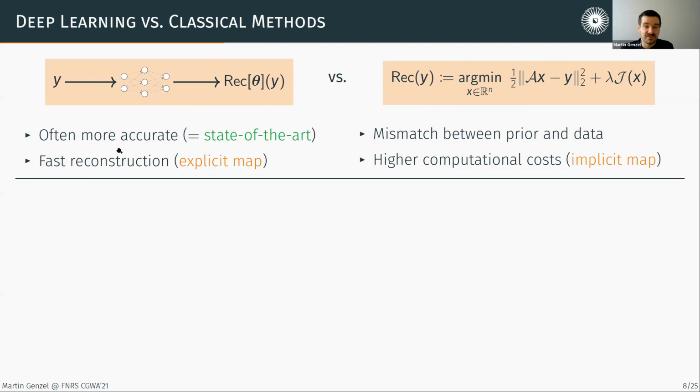And something that is very nice, they're often explicit maps, so they give you very fast reconstruction, which stands in contrast to variational approaches where you have to solve an optimization problem, which typically also, at least in some sense, suffers from this handcrafted regularization term, because there might be a mismatch between the actual types of signals that you're interested in and the prior that you have chosen. Maybe you can think of sparsity as a very good prior for natural images, at least with respect to a certain domain, but it might not be a perfect prior.